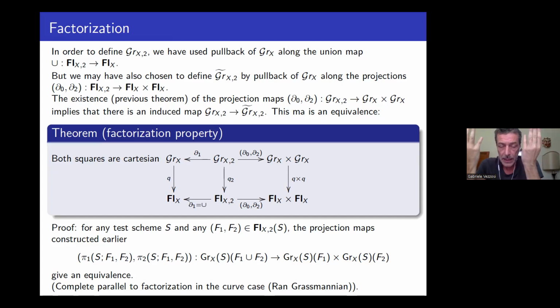If you remember by analogy the Beilinson-Drinfeld case, then in fact this is true. And I chose to present it as in the Ran case. So the fact is that these squares are both Cartesian. If you substitute GR X with the Beilinson-Drinfeld Grassmannian on a curve and Flag X with Ran space, then this is exactly the same formulation.